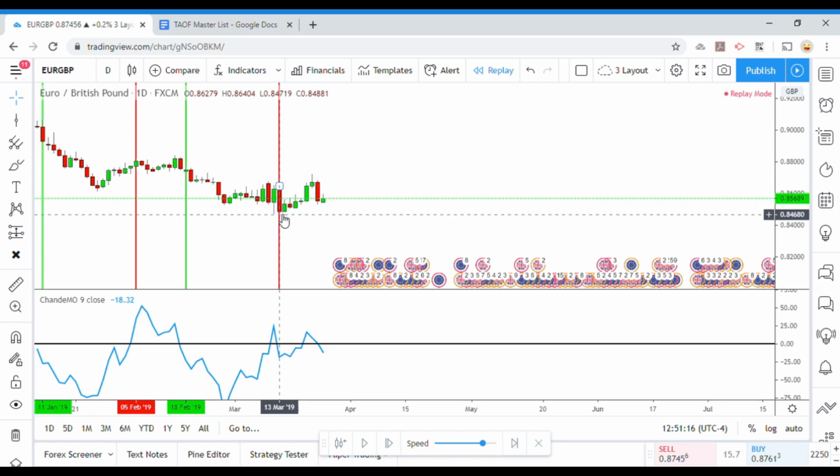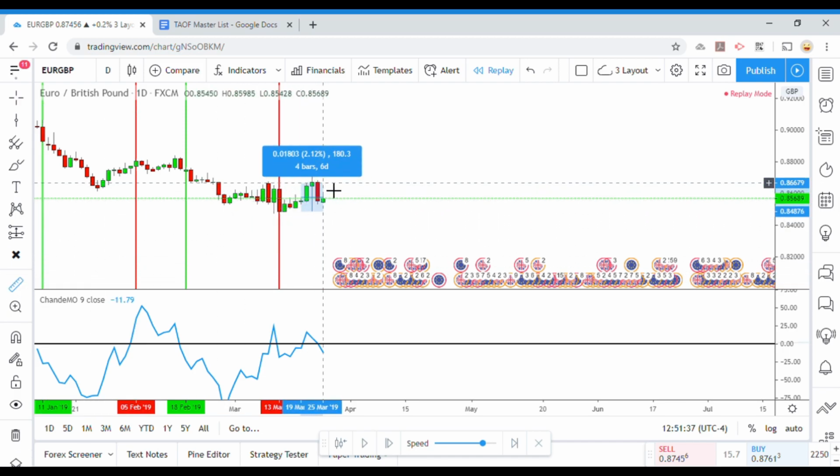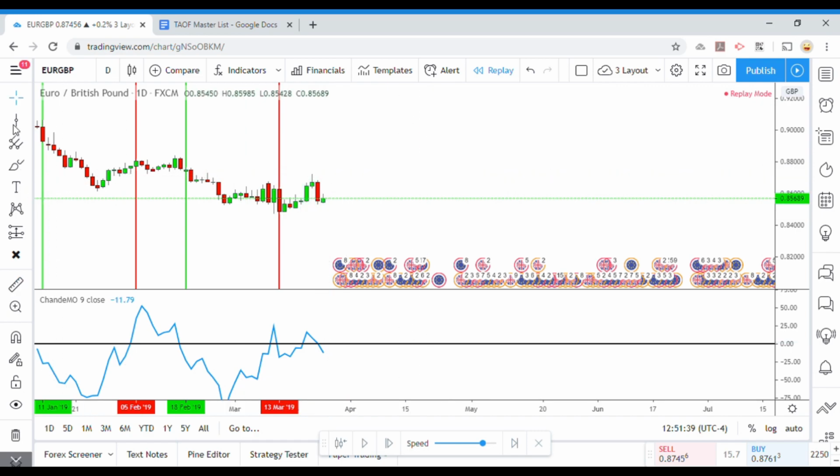It would have turned around, immediately dropped back down, and been the candle that crossed below, giving us this little green one right here as an entry to go short before it turns around and just jams right back up on us, taking out our stop for another loss.